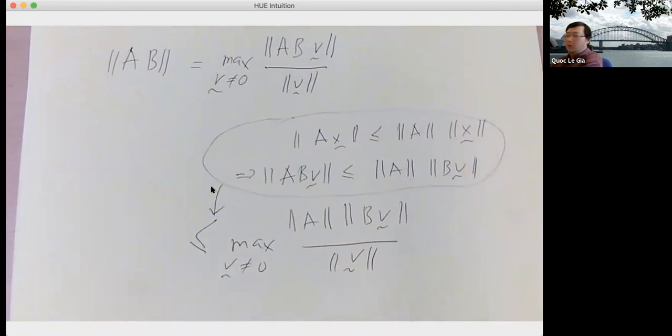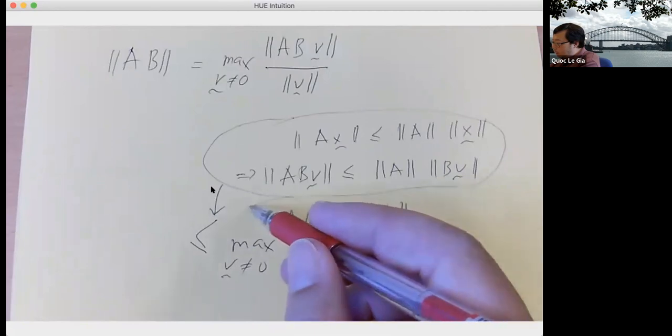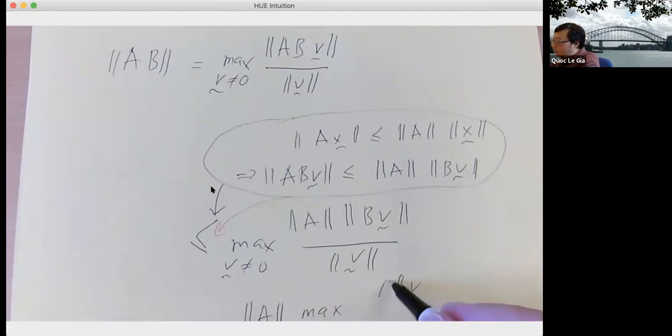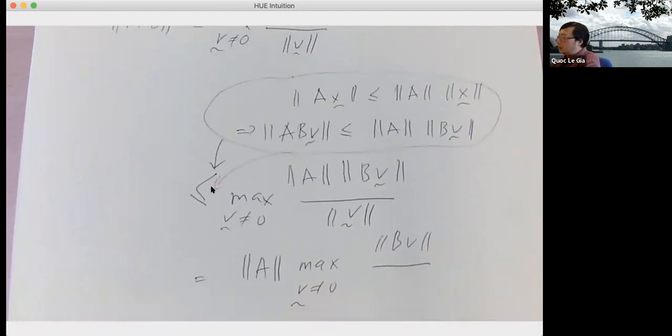And now you look at this quantity. The norm of A doesn't depend on V, so I can pull it out. I take this term and pull it out here. Then what I have is just the norm of A times the max over V not equal to 0 of the norm of BV over the norm of V. Okay.